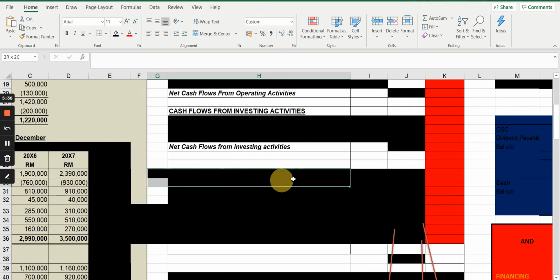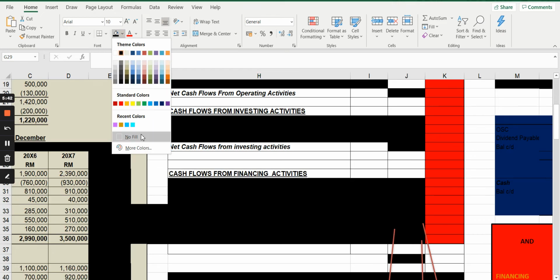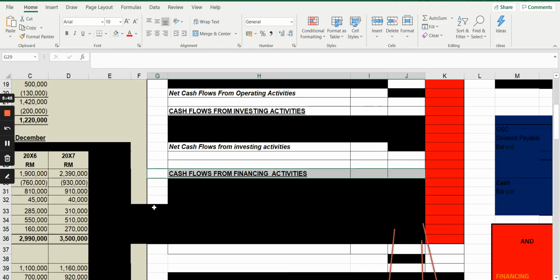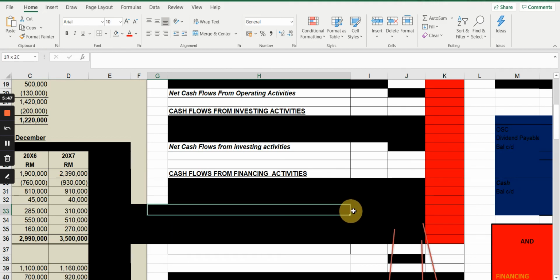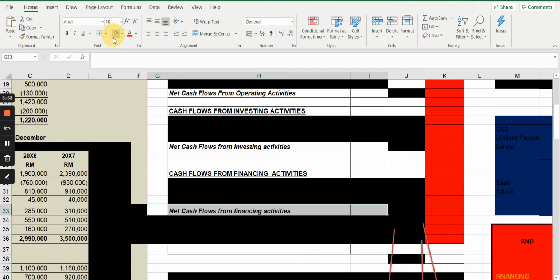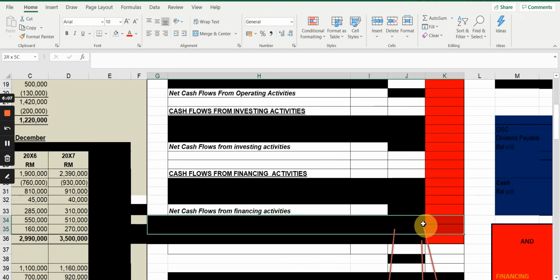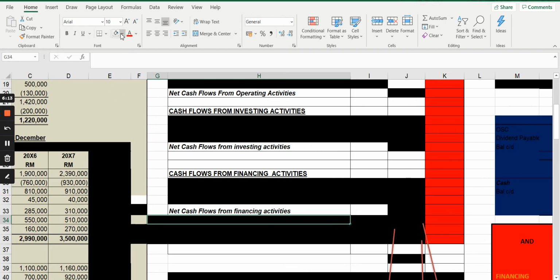Then we have the third section of the cash flow, which is the financing activities. Then you'll have the total from that financing activities, which is the net cash flow from financing activities. And then the very important item, which is the net increase or net decrease in cash and cash equivalents.